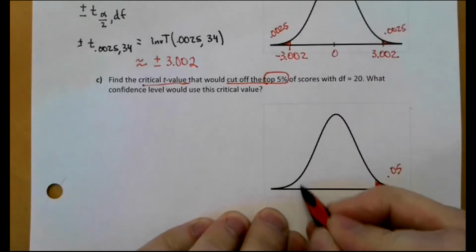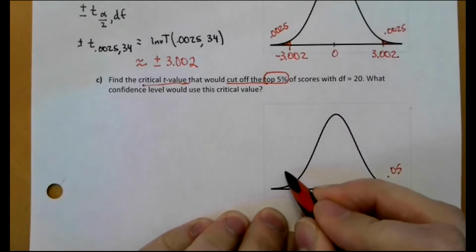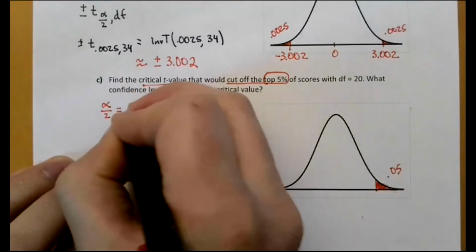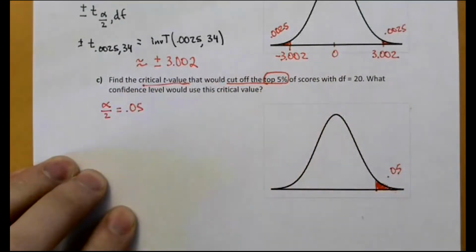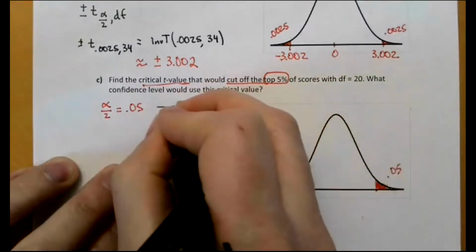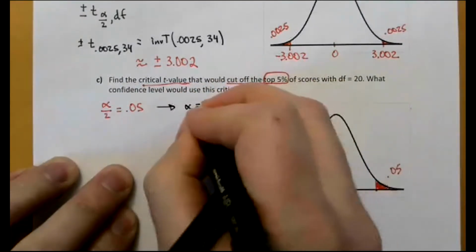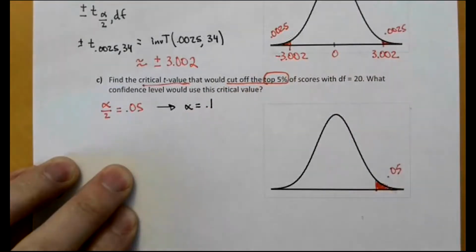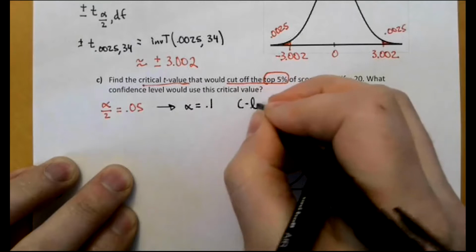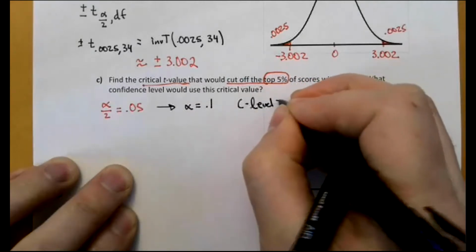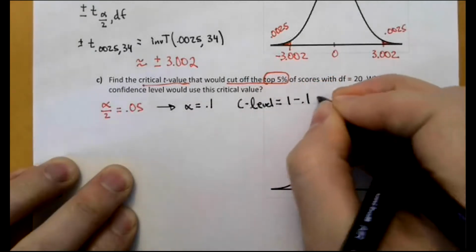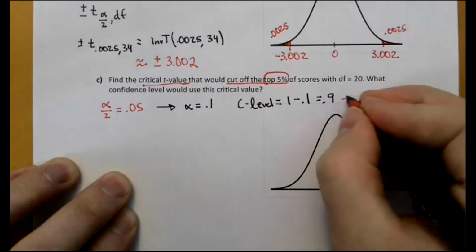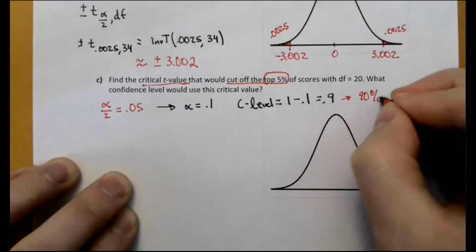So if I were to draw the area down here, it would also be 0.05. So I'm going to write alpha divided by 2 equals 0.05. That means alpha itself is equal to 0.1, which means that our C level, which is 1 minus alpha, is 0.9, which we could write as a 90% confidence level if we wanted to stick with that.